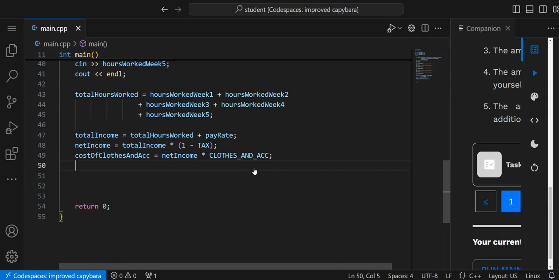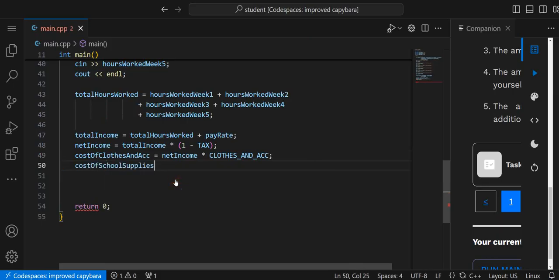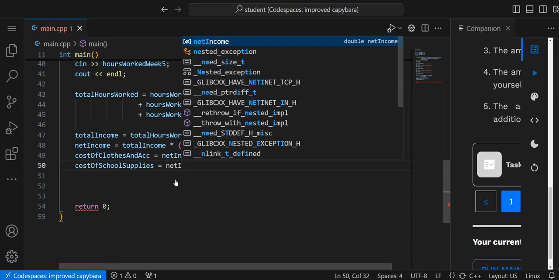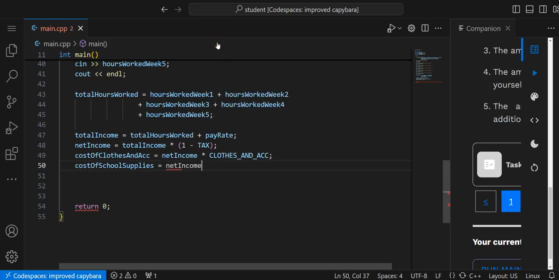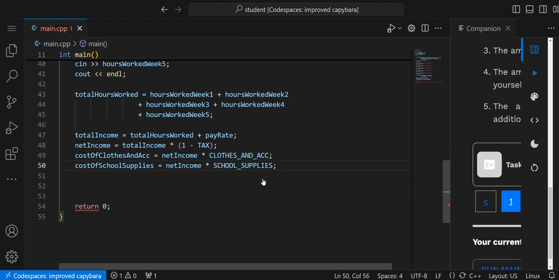Next, cost of school supplies. Equals net income times school supplies. School supplies.